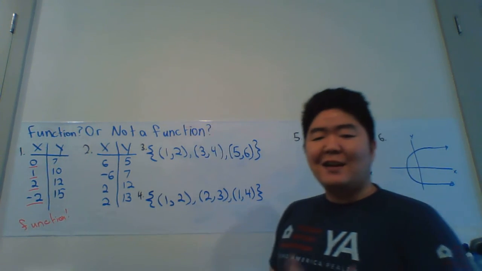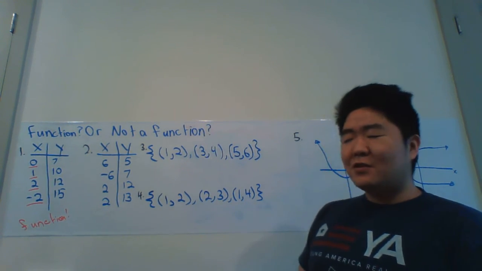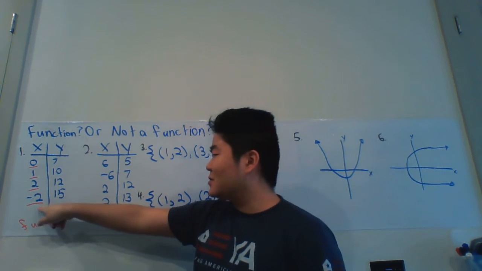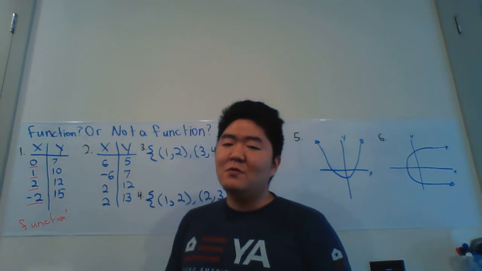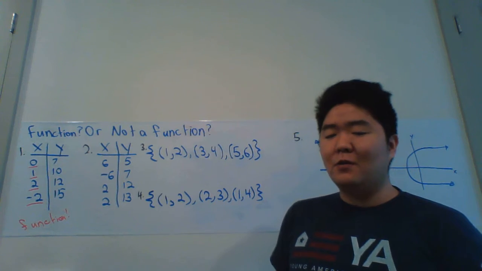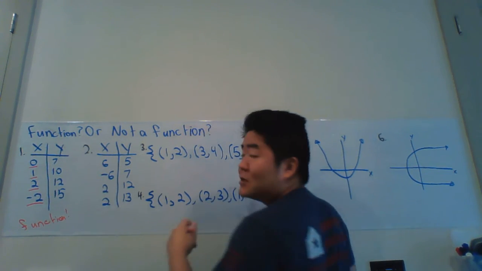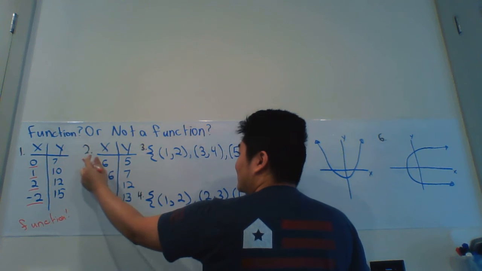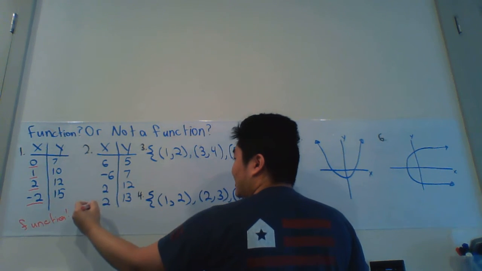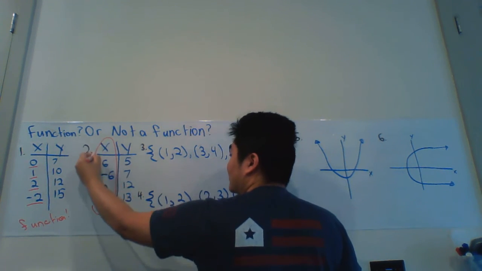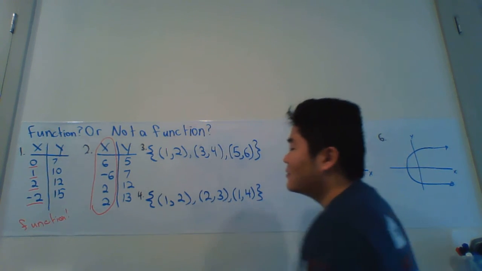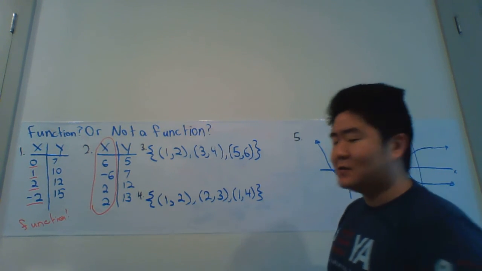Even though it's a -2 and a 2, and they look like they're the same number, they're still considered different numbers. It's only when they're the exact same number that it's not a function. And we'll see that in this one. Spoiler alert. Again, we're looking at the x column, this one right here, and looking for any repeats.